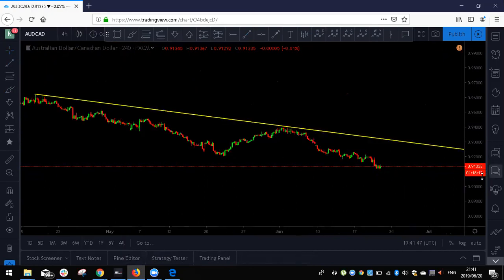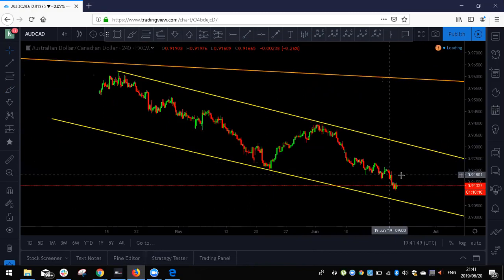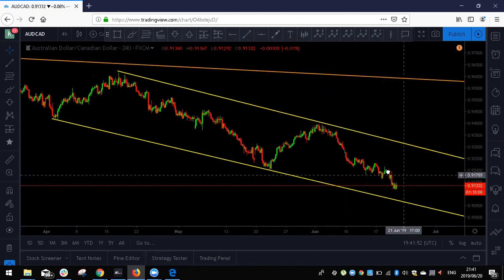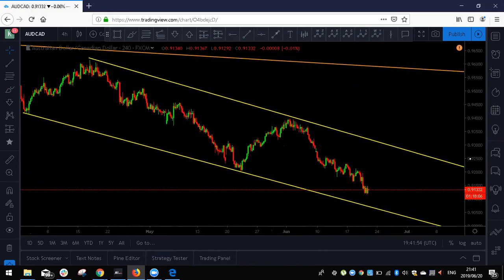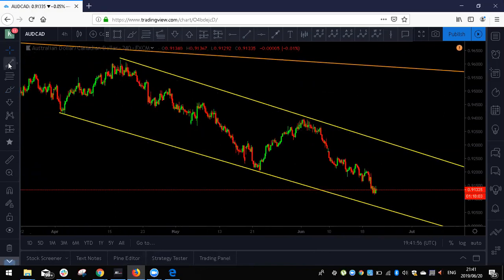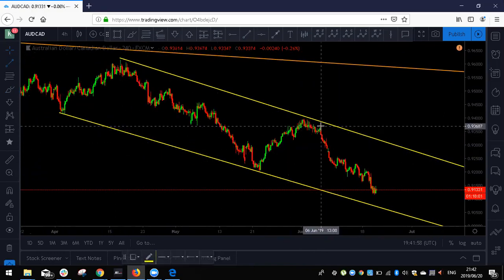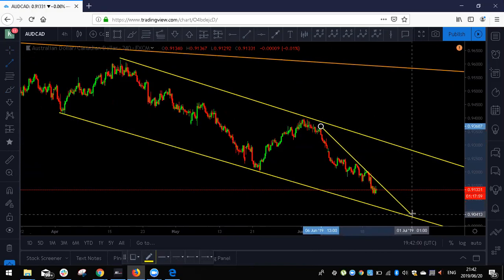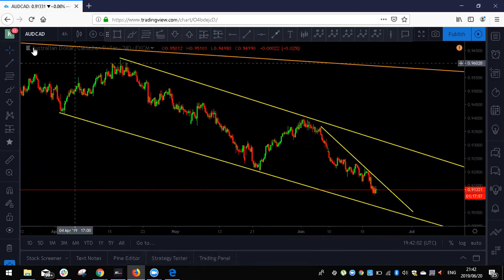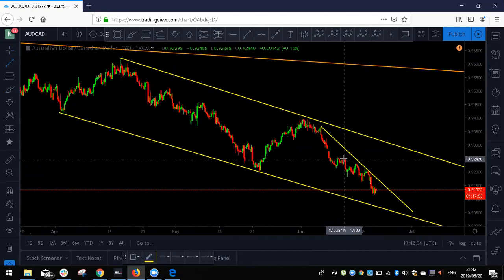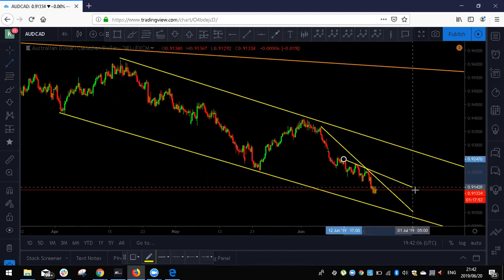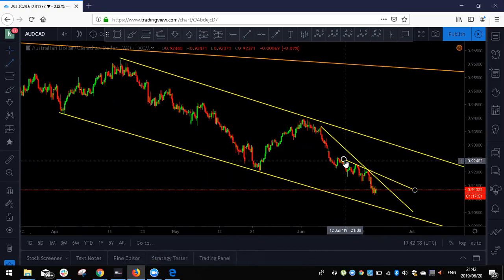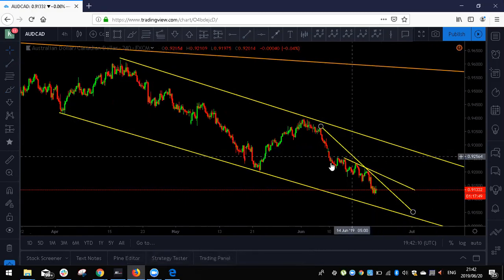Okay, let's go to 4 hour. You see how nicely the channel looks on the 4 hour. On the 4 hour, you draw your trend line like this, but this one is also valid. Can you see this one?